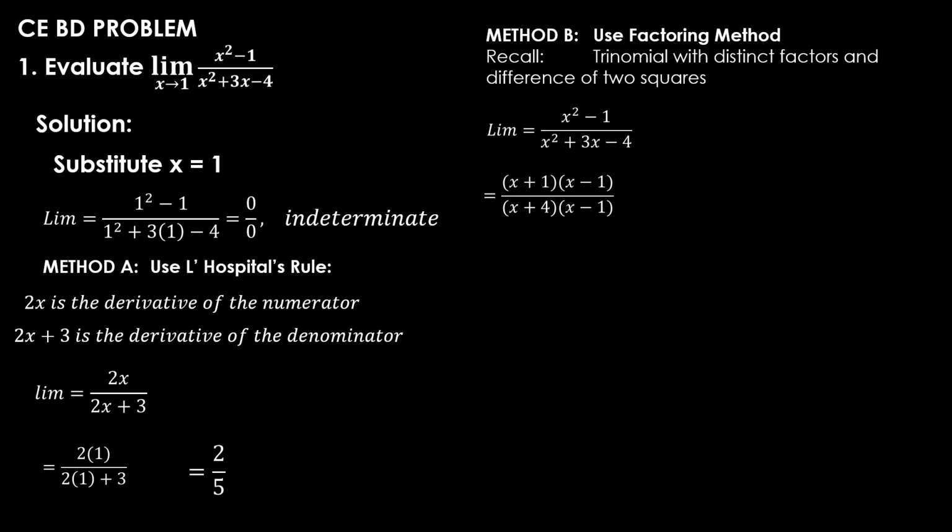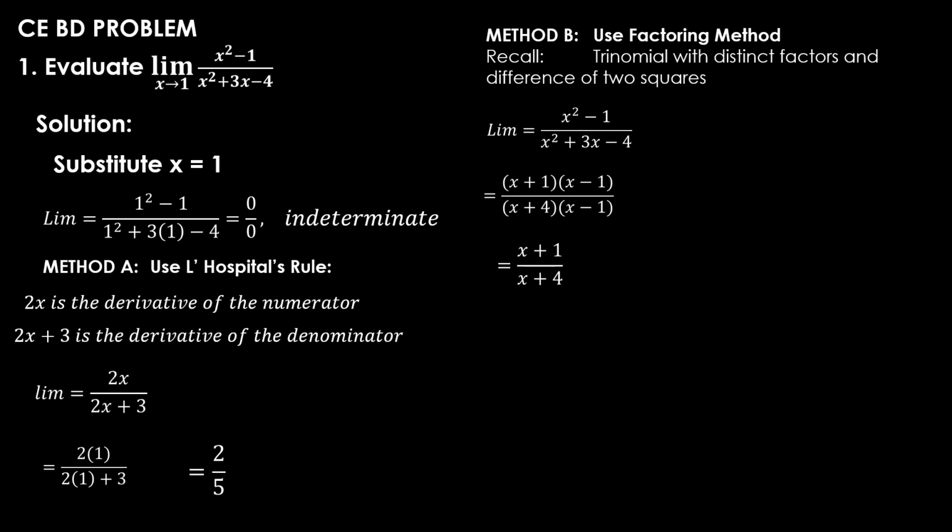That is why we can cancel both the x minus 1 of our numerator and the x minus 1 of our denominator. Meaning, our partial final answer will be x plus 1 over x plus 4.